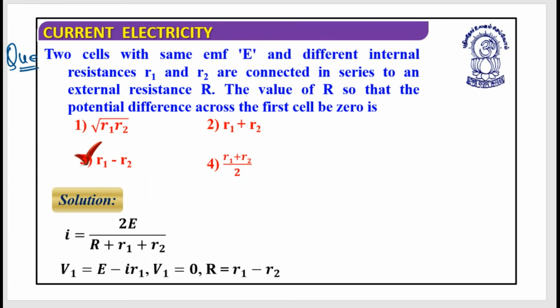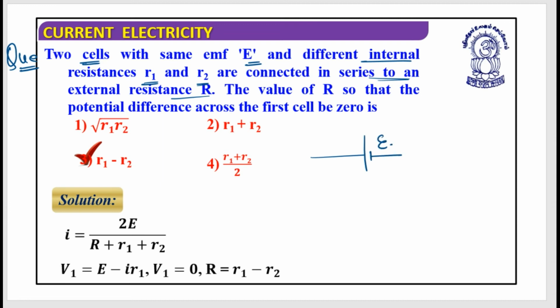Very important question. And this has been asked three times. In one situation it has been asked in back-to-back years. So let's look at this. Two cells with the same EMF E and different internal resistances R1 and R2 are connected in series to an external resistance R. So let's draw the situation.